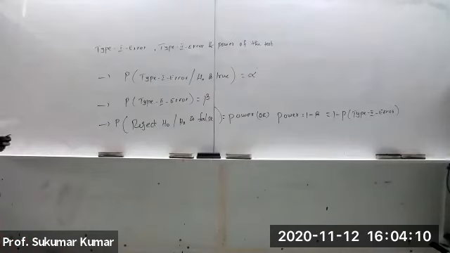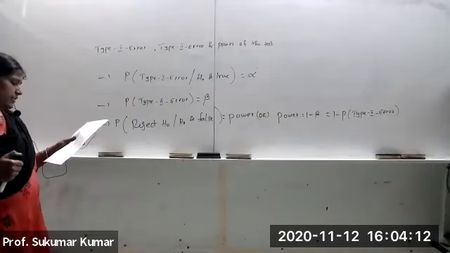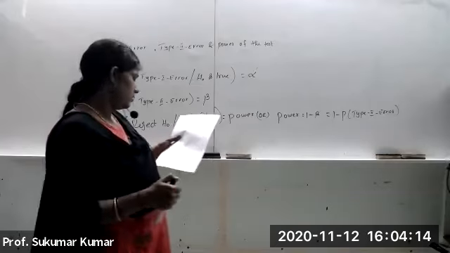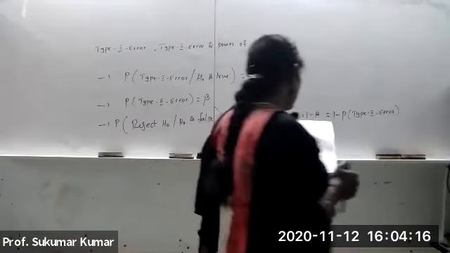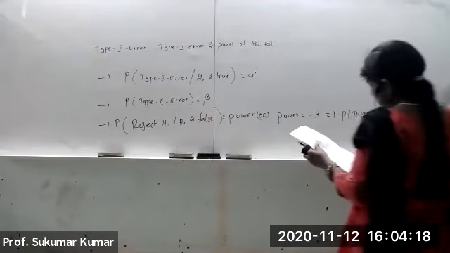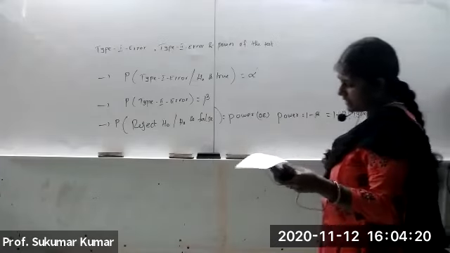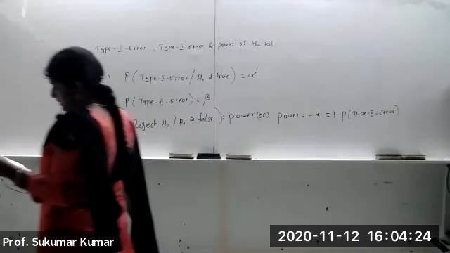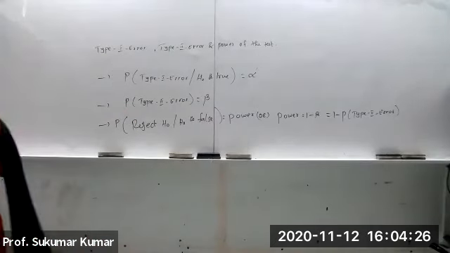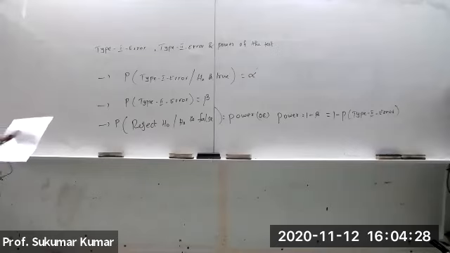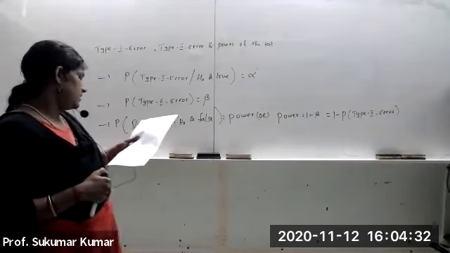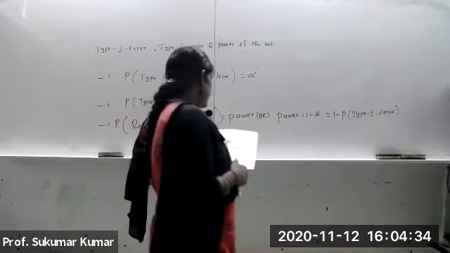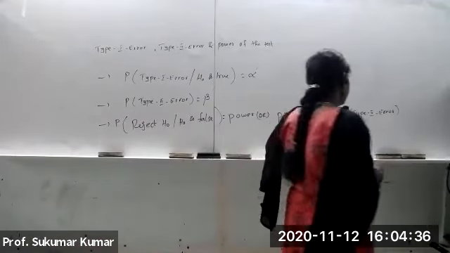Next, if the alpha value is very close to 0, then beta is very close to 1, and the test has almost no power.